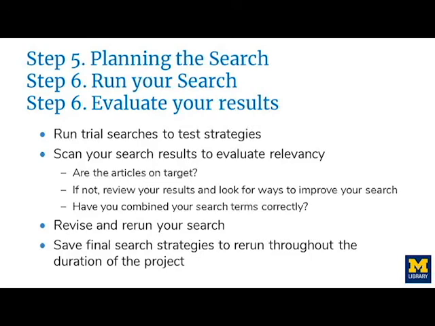Are the articles you are finding on target? If not, review the results. How can you improve the search strategy? Another one, I always do this incorrectly, I have to always check: have you combined your search terms correctly? What I mean by this is, did you use an OR when you should have used an AND?